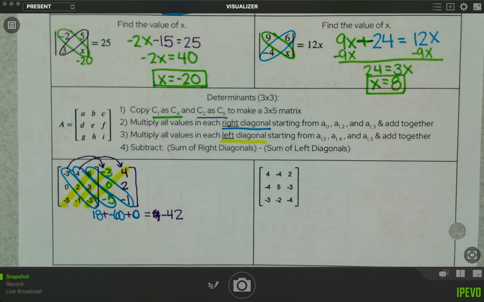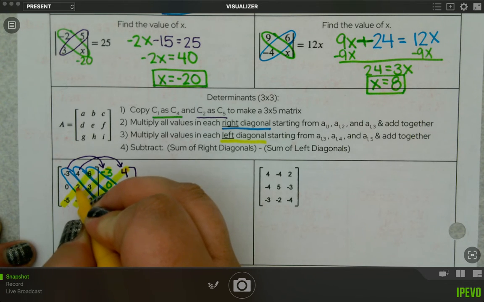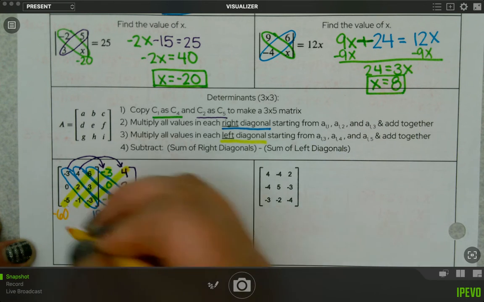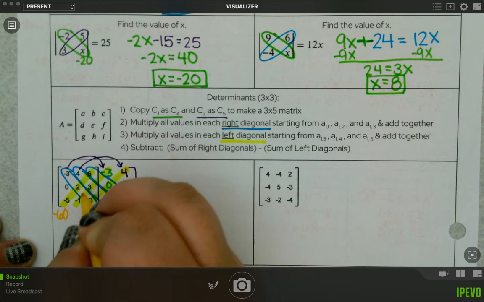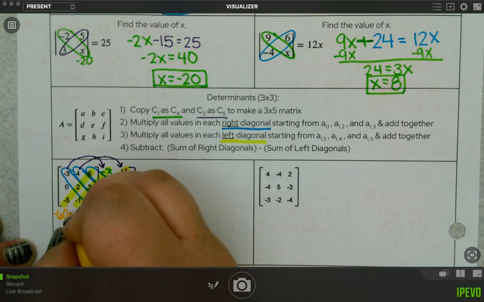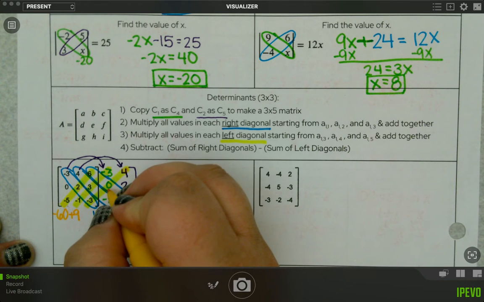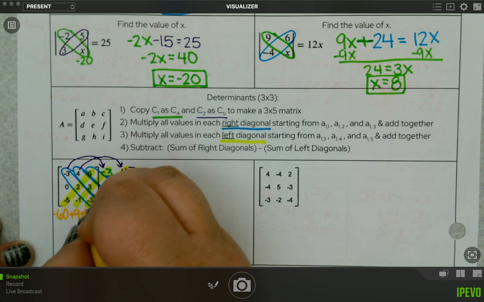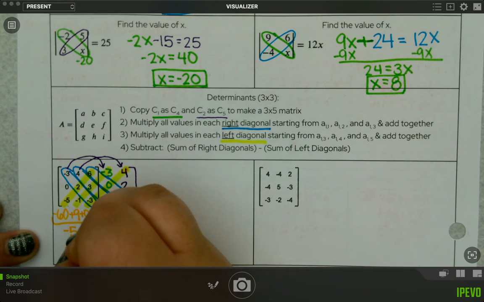So right here, 6 times 2 is 12. 12 times negative 5 is negative 60. Negative 3 times 3 is negative 9. Negative 9 times negative 1 is positive 9. And hey, 4 times 0, there's that magic 0 again. 0 times negative 3 is just 0. So then we need to add together all of those. Negative 60 plus 9 is negative 51.